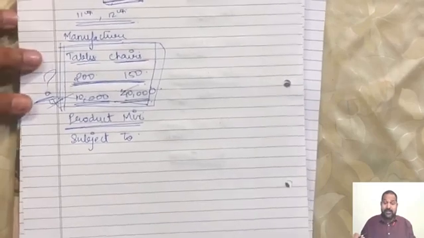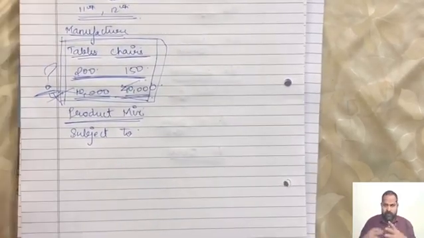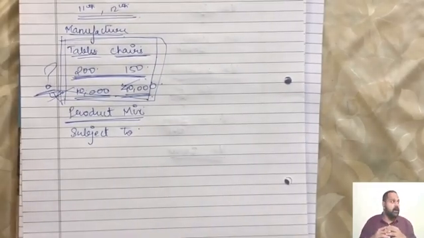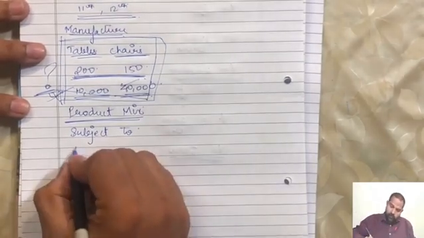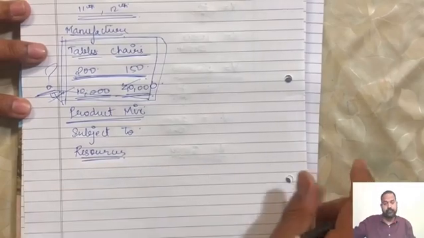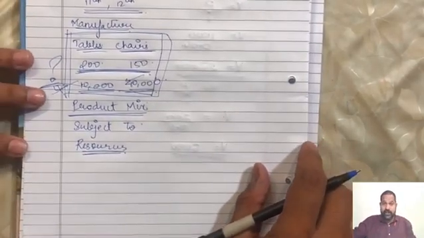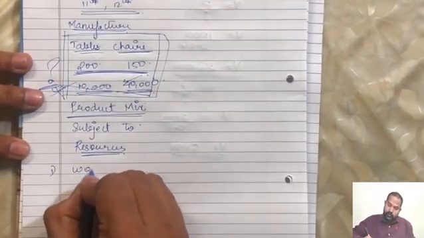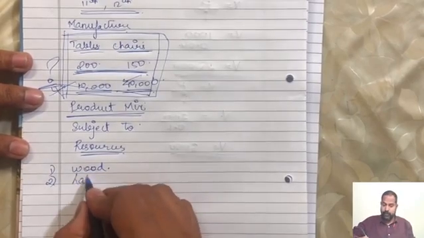Subject to can also be said as one being dependent on the other, relying on your resources. Now let's say the major resources that you require to make tables and chairs are number 1, wood, and number 2, labor.